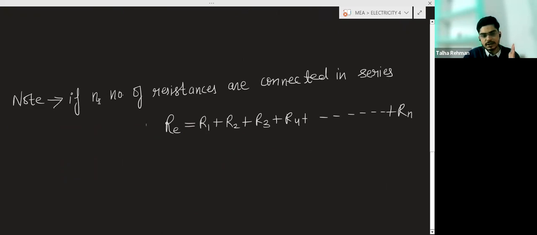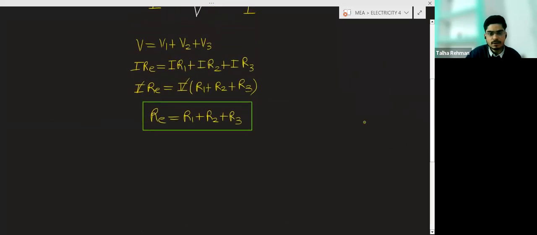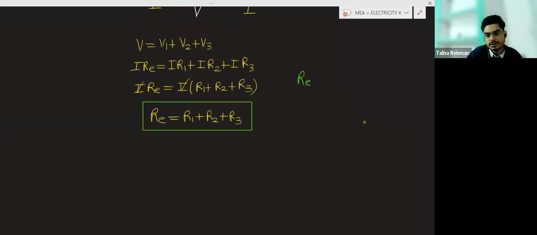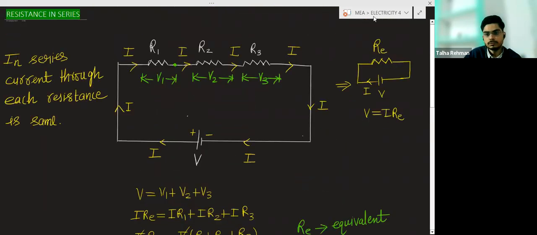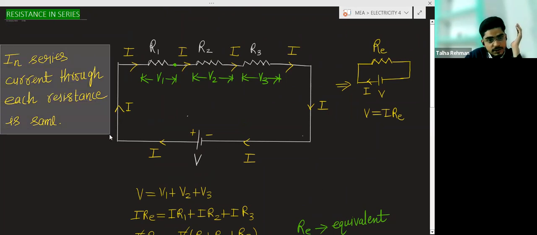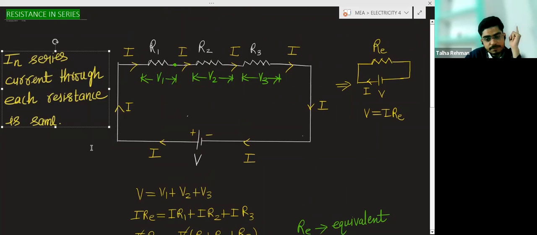So if n number of resistances are connected in series, then equivalent resistance is R1 plus R2 plus R3 plus R4 and so on plus Rn. Re is the equivalent resistance. Remember this point, in series, current through each resistance is same.